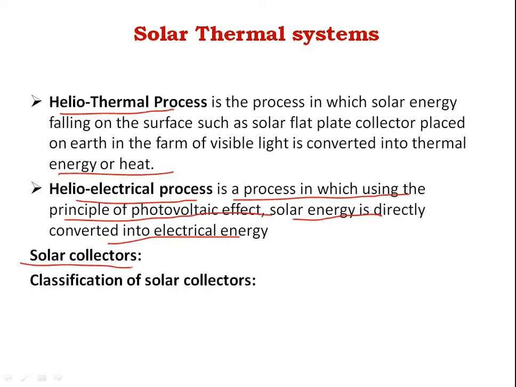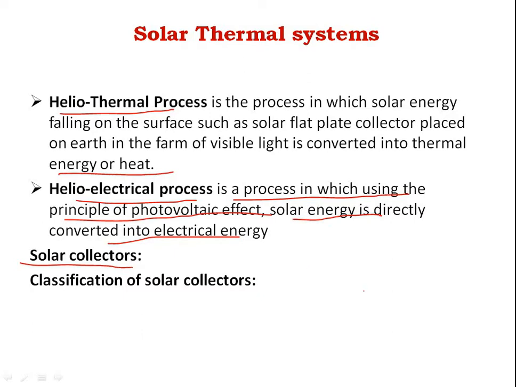The transport fluid takes this transferred heat from the collector and delivers it to a thermal storage tank, boiler or heat exchanger, so that it can be utilized in a solar thermal system. Hence, the solar collector is essential and it forms the first basic unit in a solar thermal system.